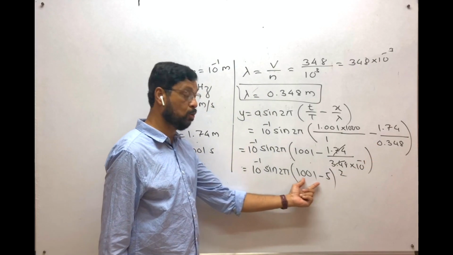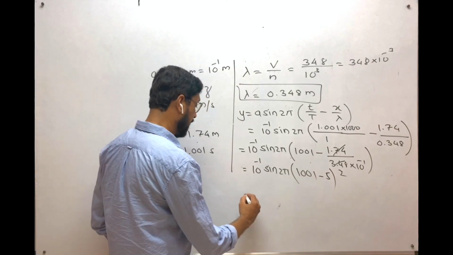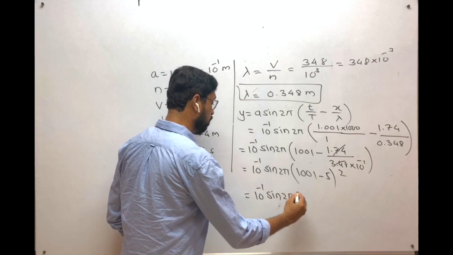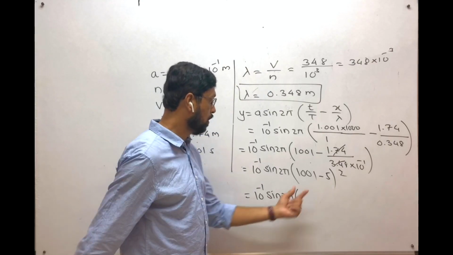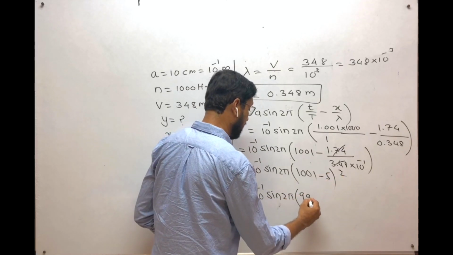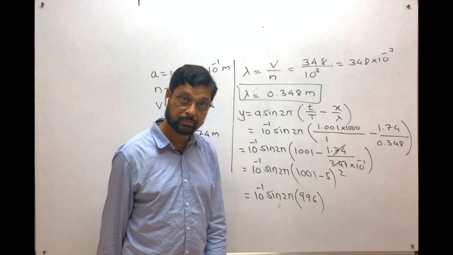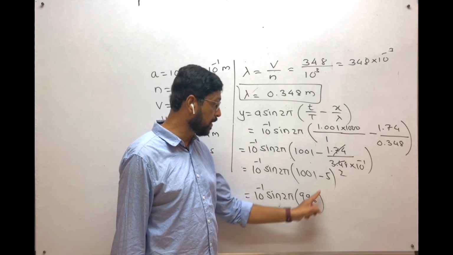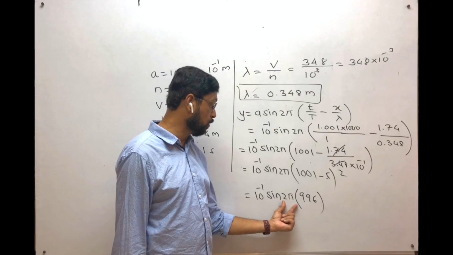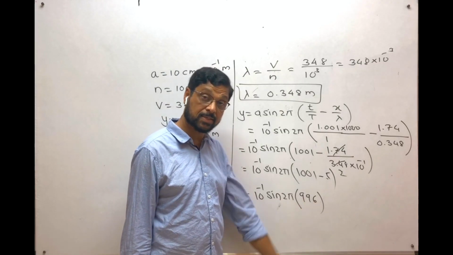So 1001 minus 5, that is 996, correct? 996 plus 5 will be 1001. So 10 raised to minus 1 sine 2 pi 996.